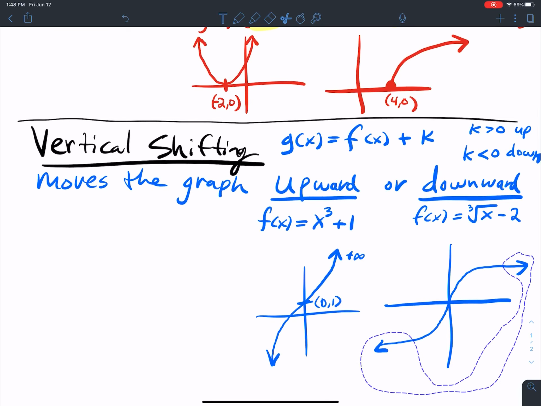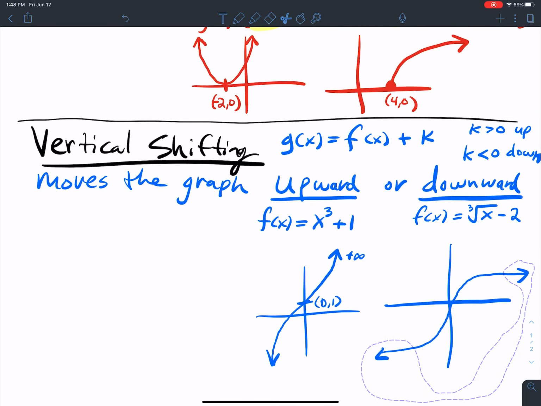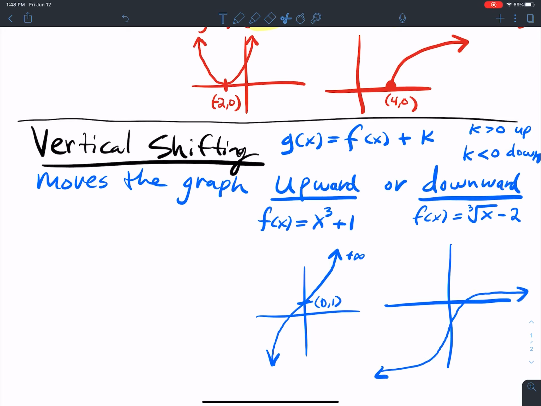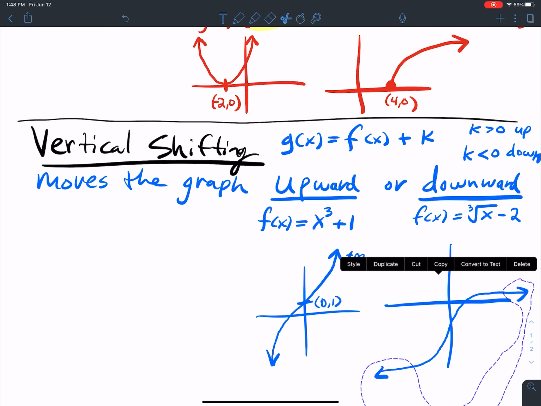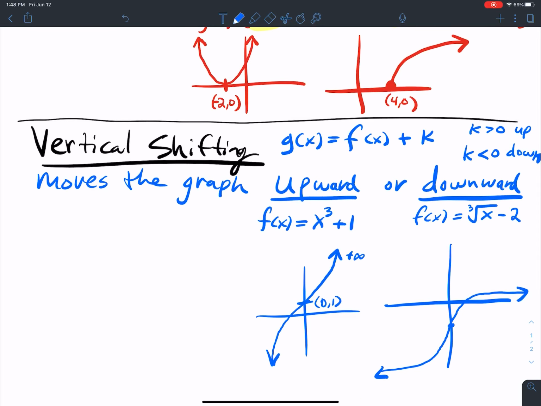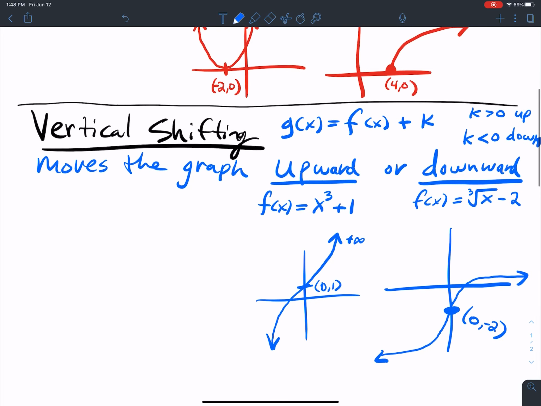I'm going to transfer it down 2 units, 1, 2. And so if I transfer it down 2 units, now all of a sudden I'm crossing at 0, -2, okay, on the y-axis. So that goes to positive infinity, and that goes to negative infinity like this.